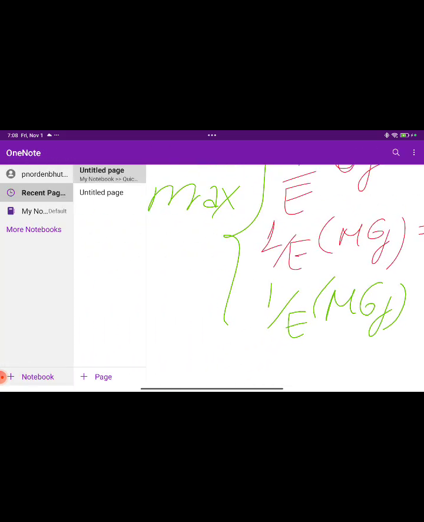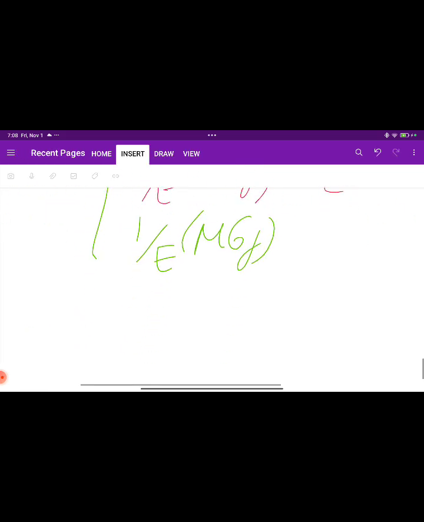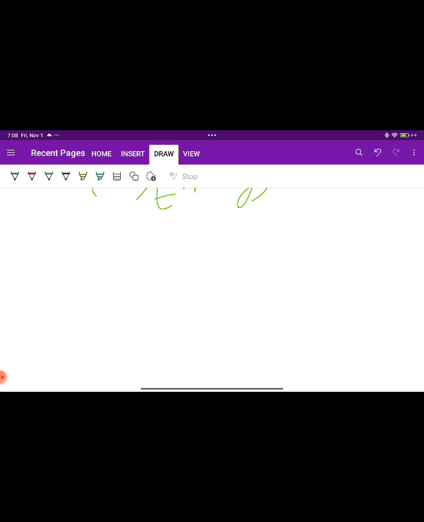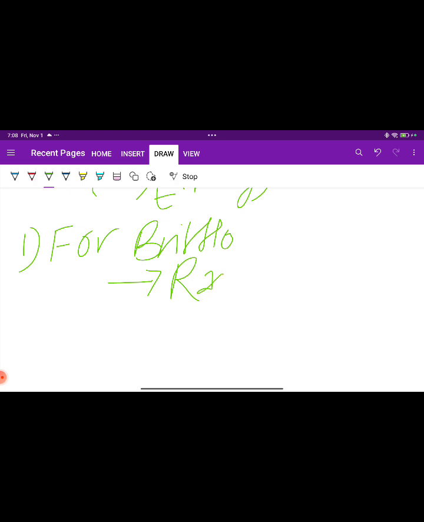Additionally, you need to remember this as well. You need to write this somewhere; it will be very helpful. For brittle material, Rankine's theory of failure is best.